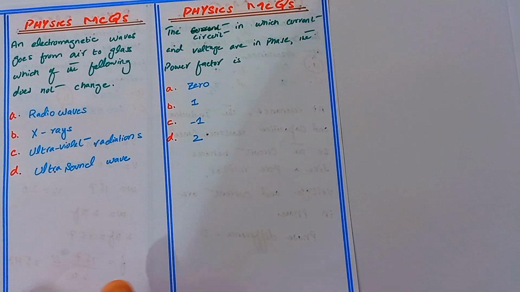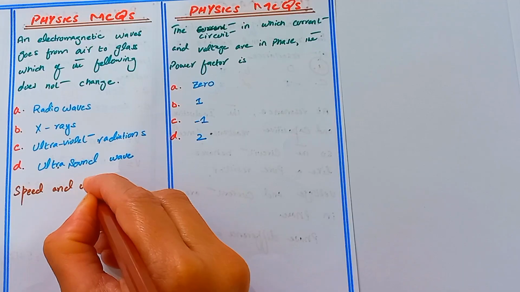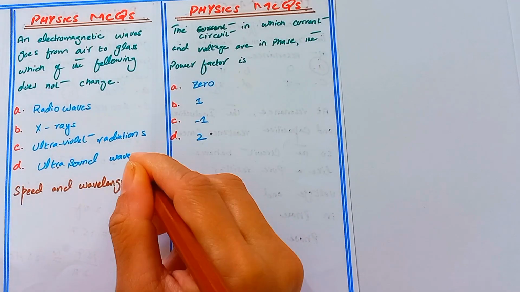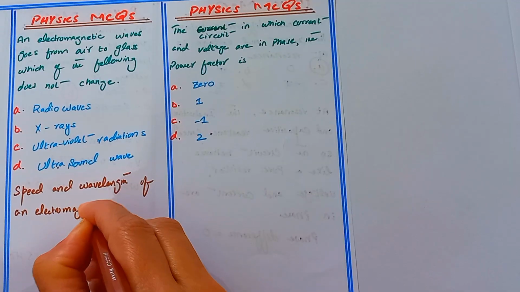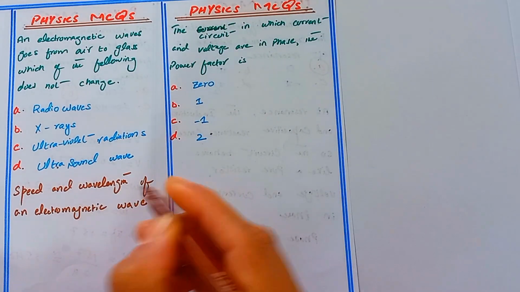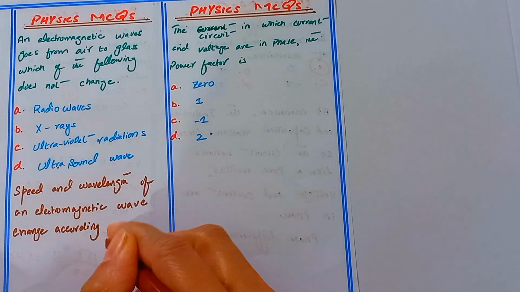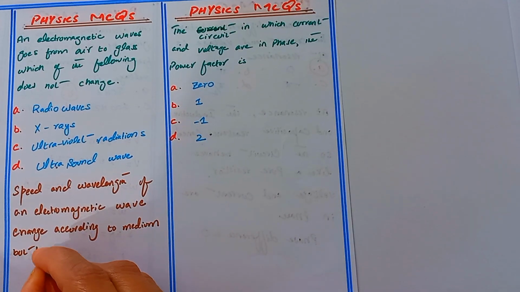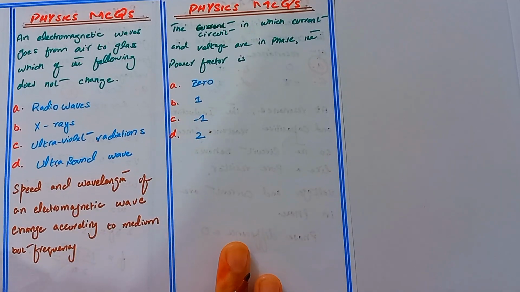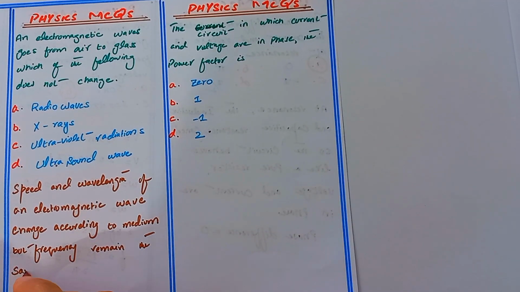So here we write that speed and wavelength of an electromagnetic wave change according to medium, but frequency remains the same.